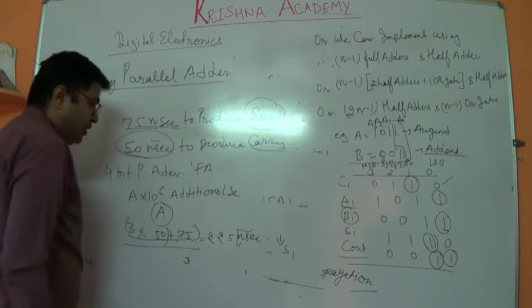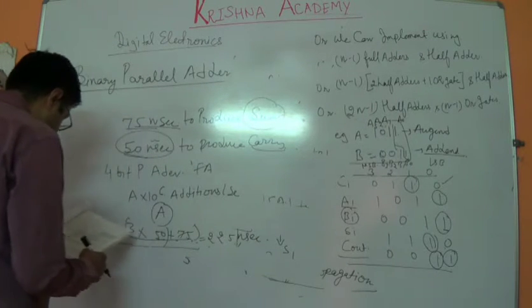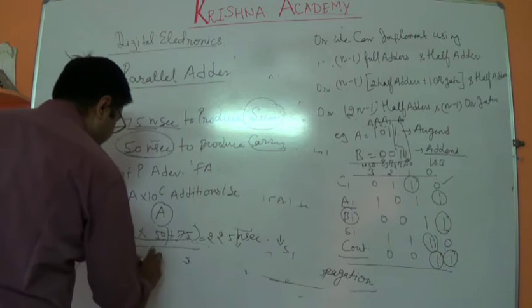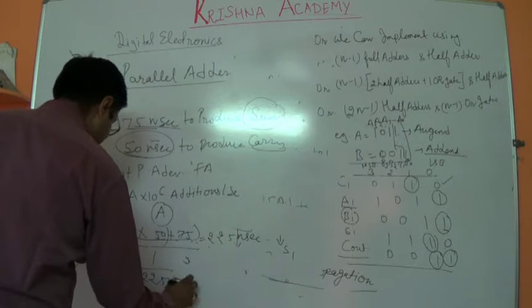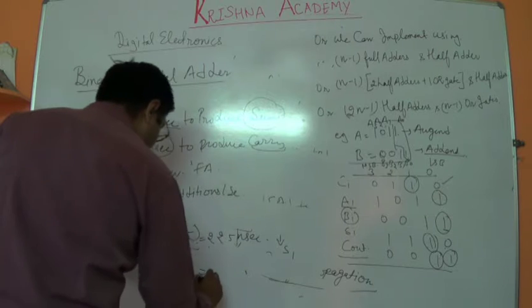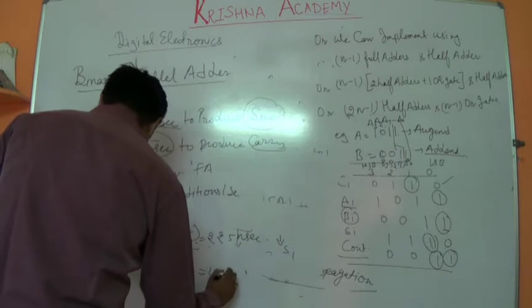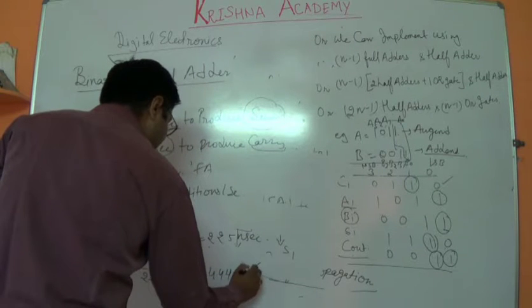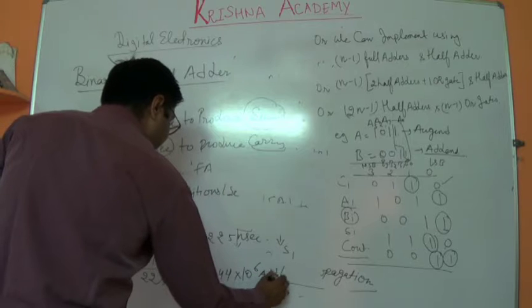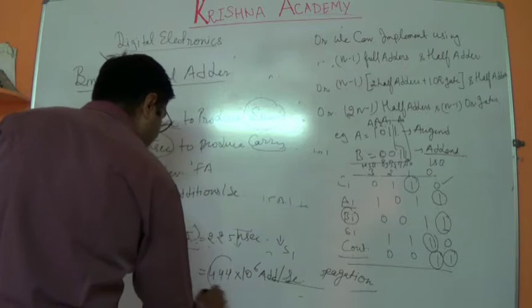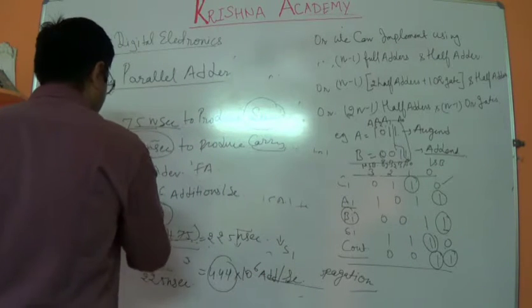Now the sum has been provided. 225 nanoseconds will be there. So the maximum additions per second are 1 divided by 225 nanoseconds, and that will come as 4.44 into 10 to the power 6 additions per second. So the value of A is 4.44.